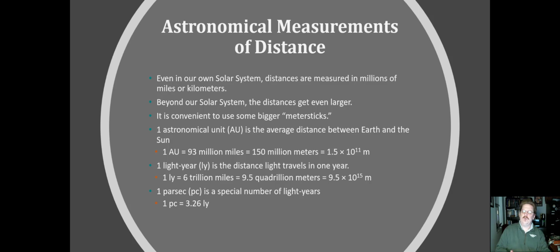Another unit that we use, which has its roots in one of the first techniques for determining distance, which we'll talk about later, is a parsec, or a parallactic angle of 1 second. Again, we'll get into that when we talk about trigonometric parallax. 1 parsec is equal to 3.26 light years.